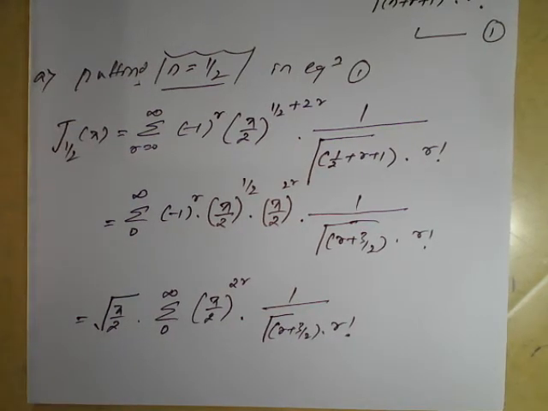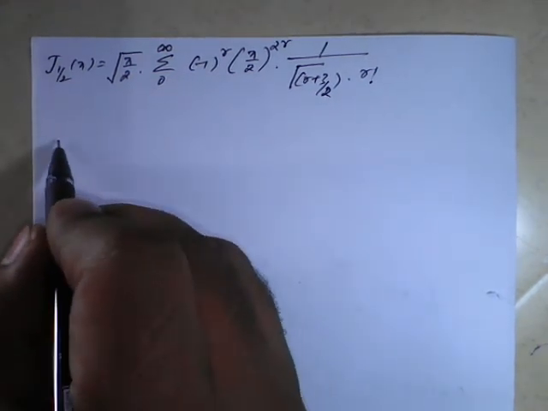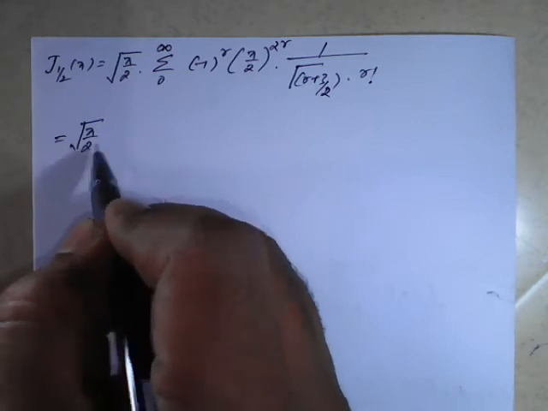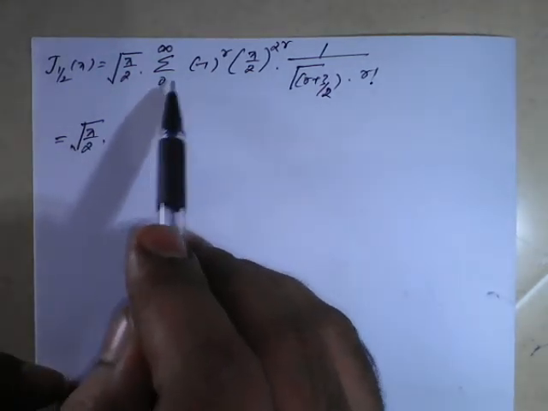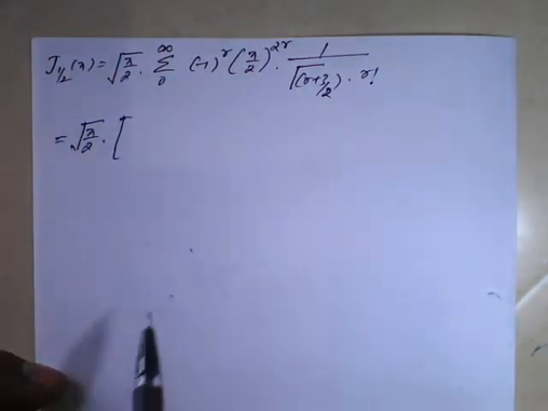Now we got this. What we'll do here is keep square root of x by 2 as it is. In the summation, we'll put r values 0, 1, 2, 3, 4, 5, 6, and so on, and see what we get. So we'll go for expansion.